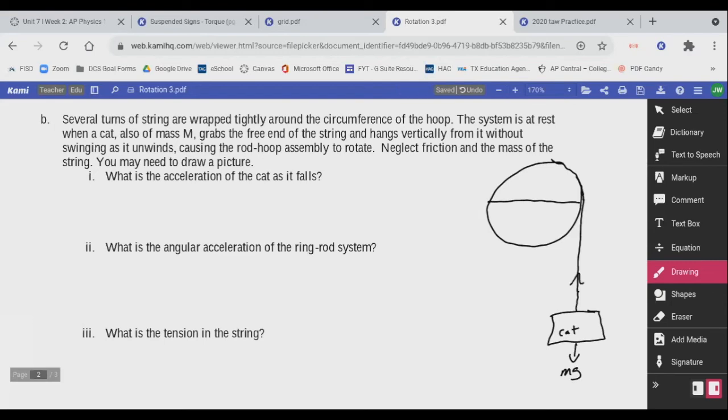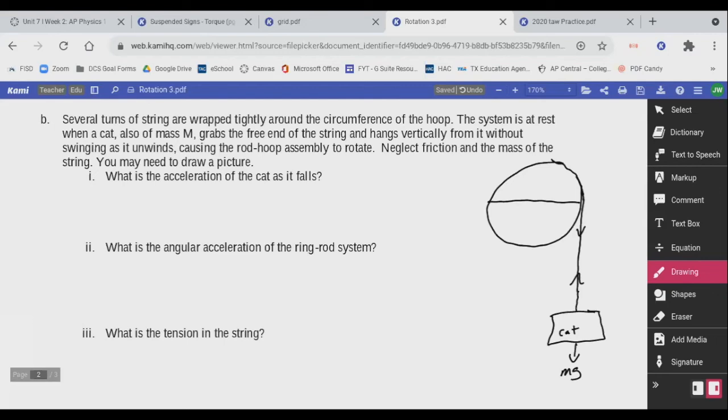Yes, we've got tension pulling up, and we've got tension pulling down on the ring rod system. So the tension is pulling the ring rod system, causing it to rotate, is pulling it down. Tension is pulling up on the cat, resisting its fall from mg. So we sort of got our picture laid out, right?